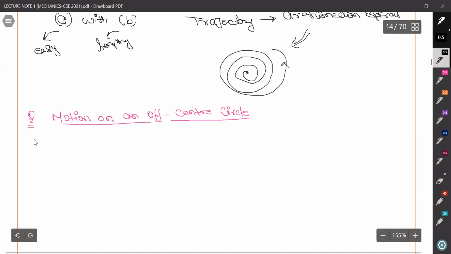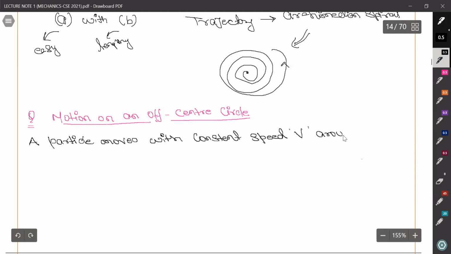Write down the question. A particle moves with constant speed v around a circle of radius b.